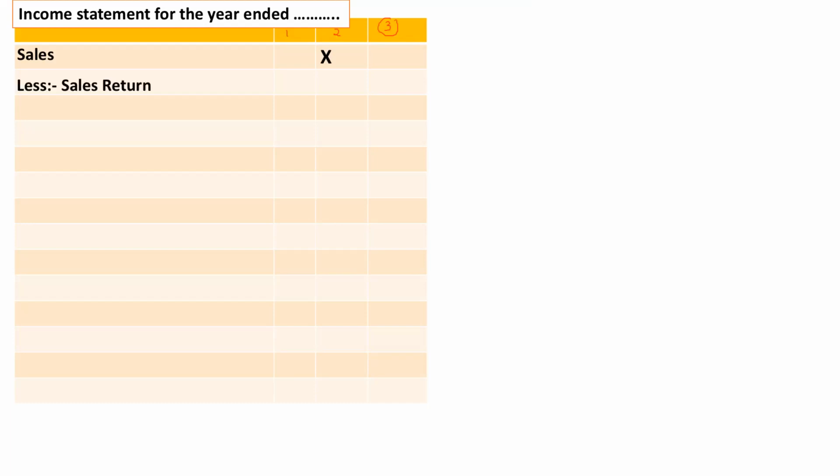From that, if there is any sales return, you would deduct it and write sales minus sales return, which is the revenue that you will consider while calculating your gross profit. The revenue, the main answer, should come in the third column.